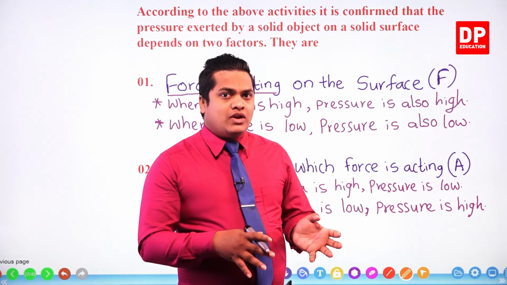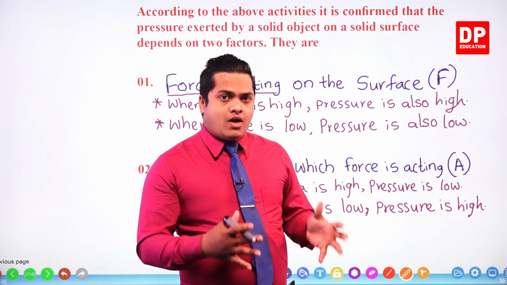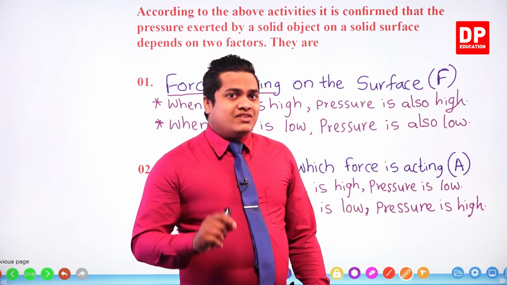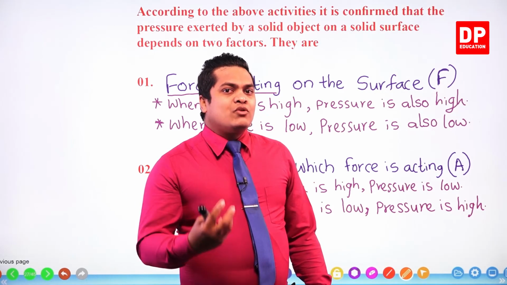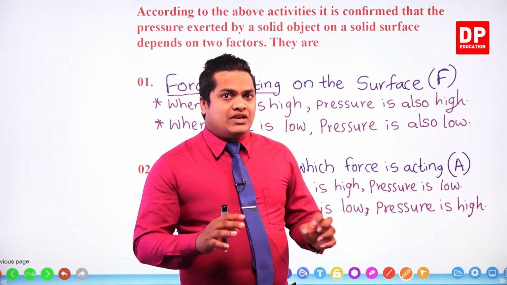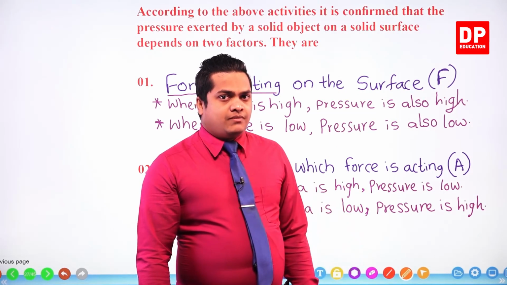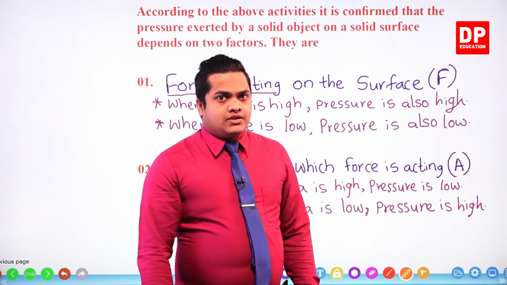We don't know a formula to calculate pressure. So within our next chapter, we'll be discussing how to calculate this pressure and develop a certain formula by using these two essential factors, right?